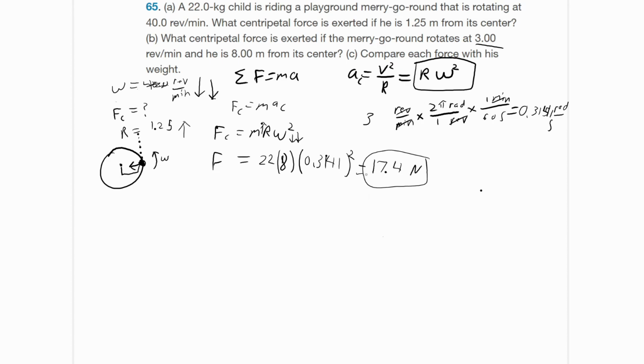So in part B, we have a smaller centripetal force, which is what I expected, because the angular velocity went down so much more than the radius went up.